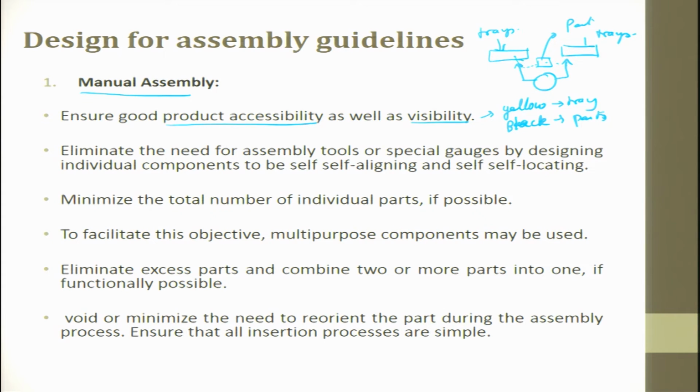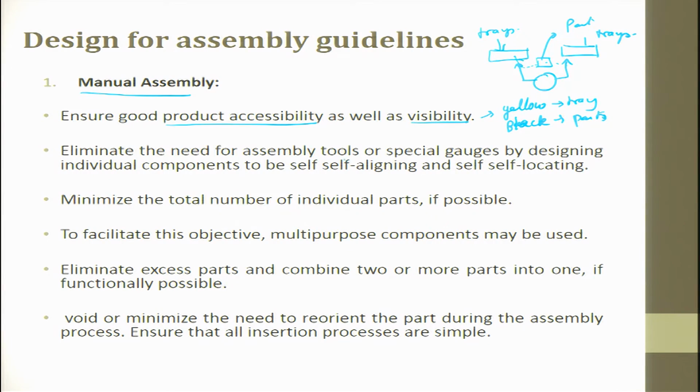We can always use another option: drop it anywhere and use some small vibration, and the part moves and gets locked on its own. So, rather than using assembly tools, try to do it by gravity itself.